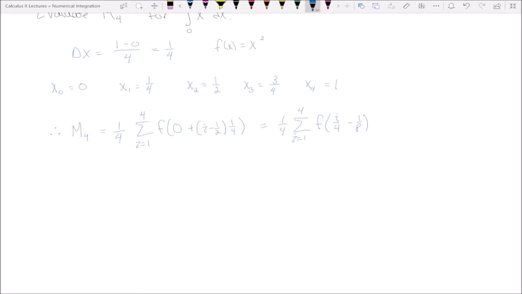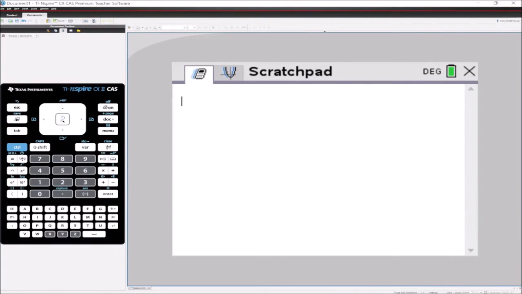What we'll do is now go and look at putting this into our calculator. And here we are at our calculator. So first thing we want to do is let's go ahead and define f of x as x squared. Remember, f of x is our integrand. There you go, now it's stored. Now we want M4, so that is a quarter times a summation.